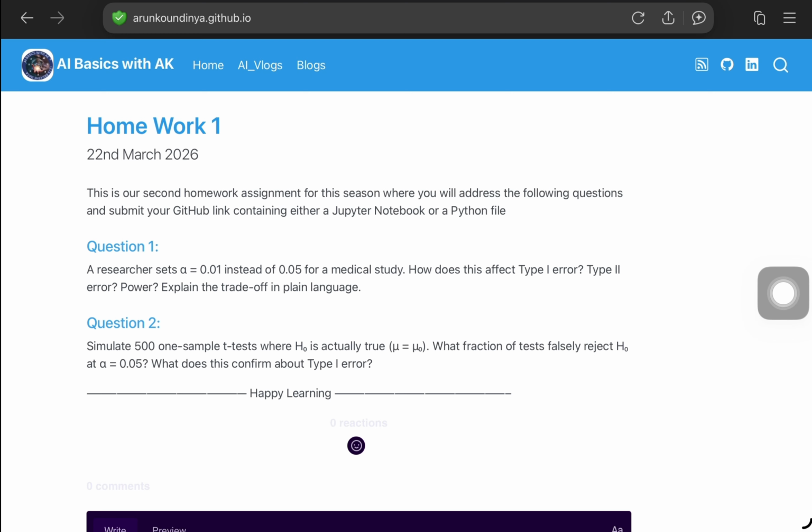What I was trying to say is: simulate one sample t-tests where H0 is actually true and see in how many cases we actually get a type 1 error. This helps you understand probability and how we weigh the costs of our predictions. It lays the foundation whenever we try to predict something, any fancy prediction that we do when we learn machine learning.